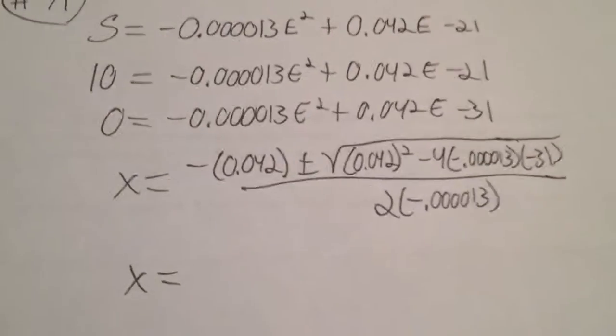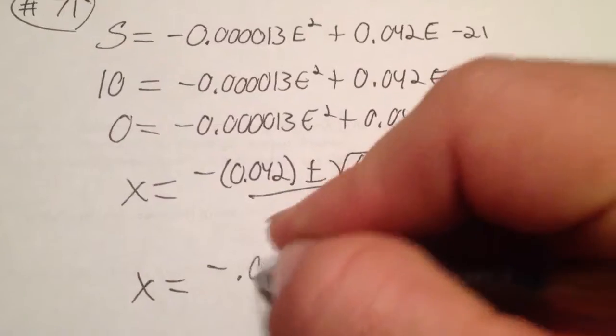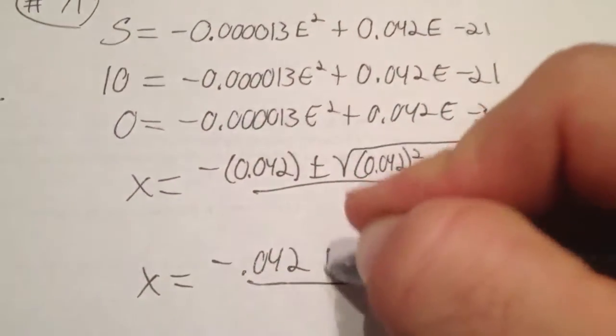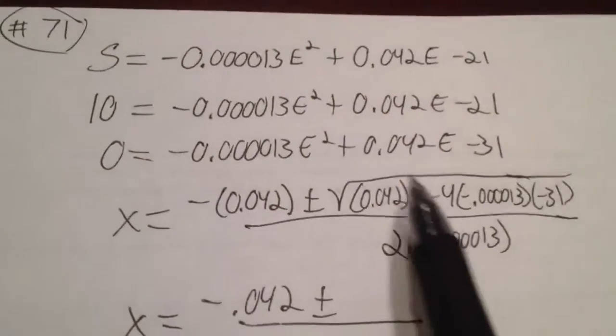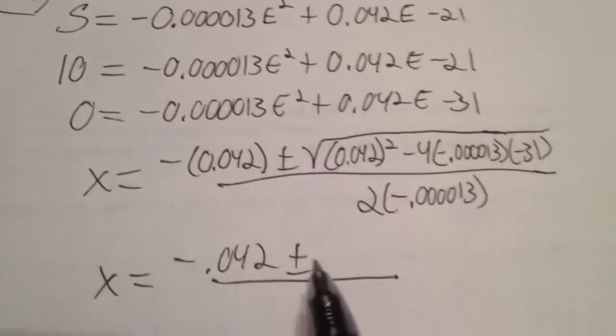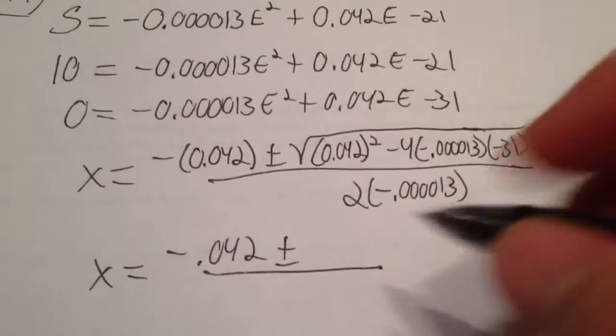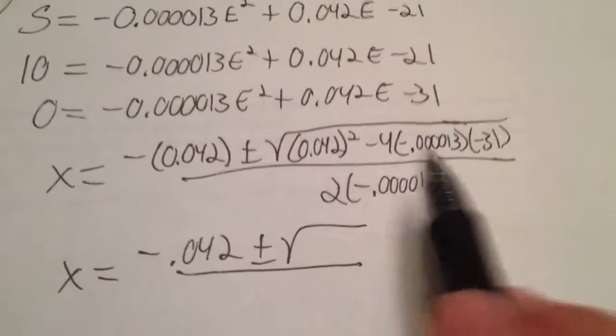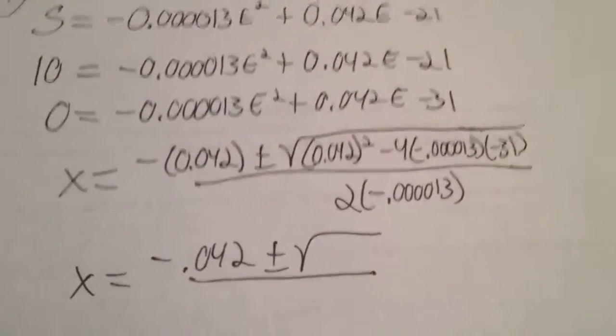So, you're going to have negative 0.042 on the front side here because the opposite of B is positive 0.042. Then you're going to have your plus or minus, and then inside the square root we're going to have all this ugly mess, and we're going to deal with that in just a second.